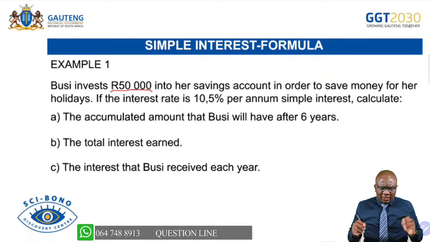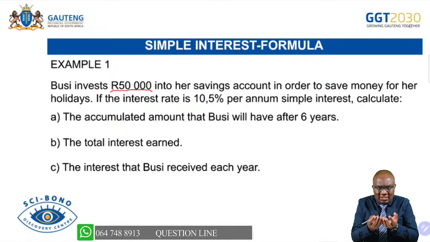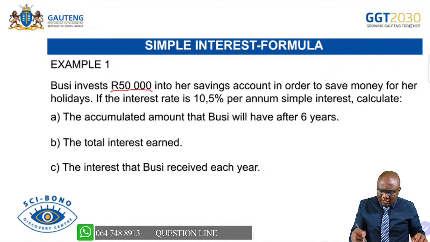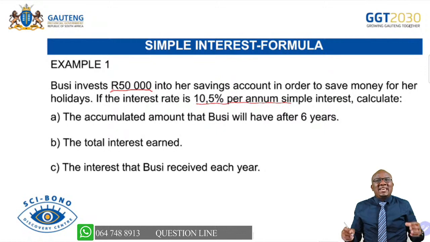Okay, right. So if you invest money, you gain interest. If you save money, you get interest. And if the interest rate is 10.5% per annum simple interest, it means every year she gets 10.5% of 50,000.